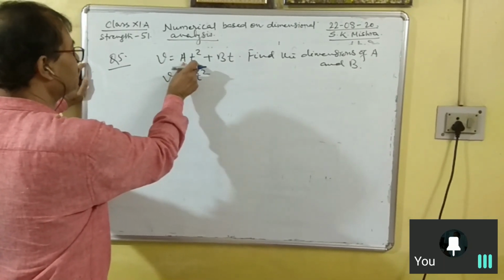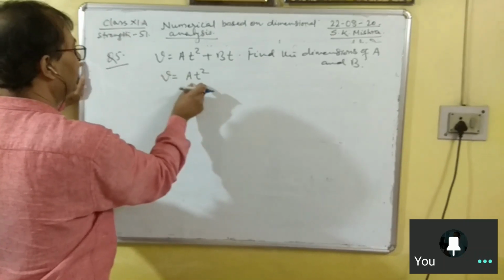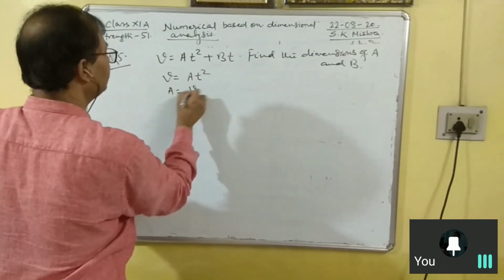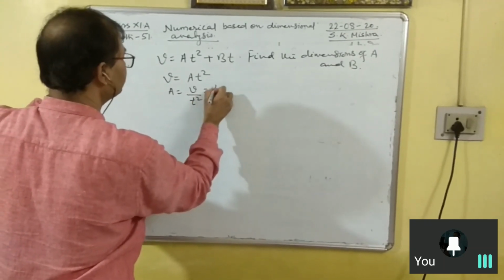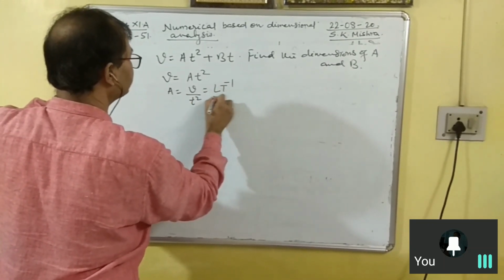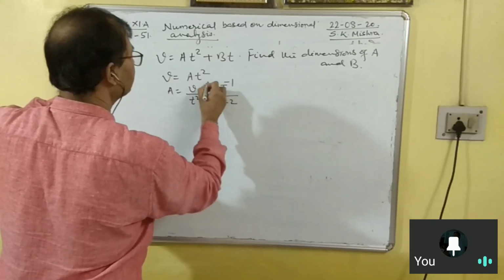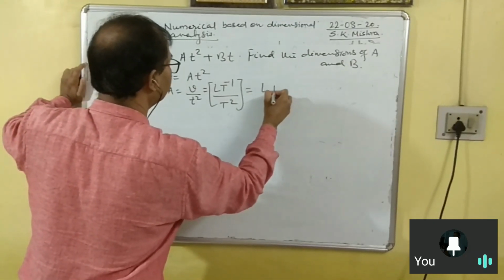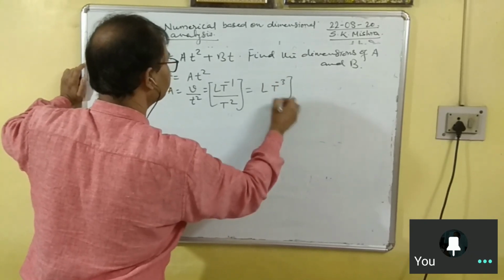So just equate AT square equal to V. Then what is A? This is V by T square. Now the dimension of velocity, all of you know, is L T minus 1, but this is T square. Take it in the numerator, this is L T raised to minus 3. Am I right?